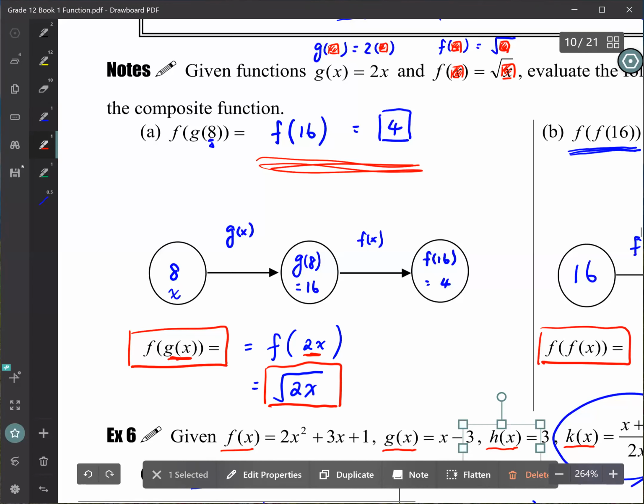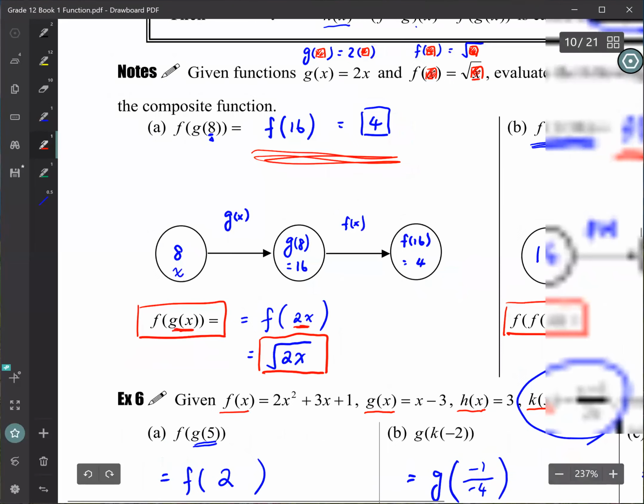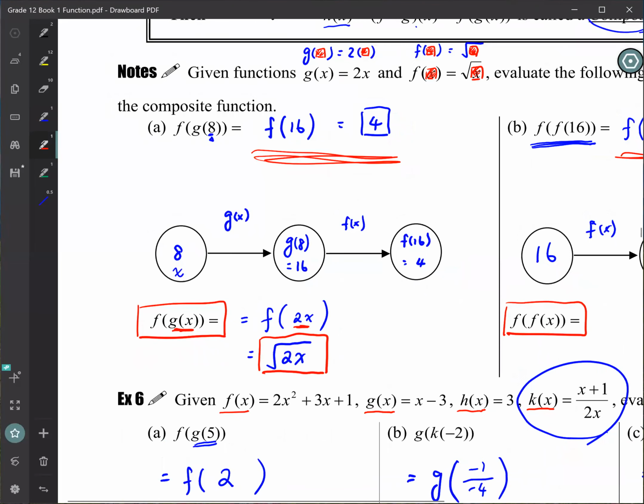Any questions so far? Okay, so what this does is it will take whatever at the beginning, and then if you put it into your composite function, it will give you directly to the end. So go take the airplane straight to here.